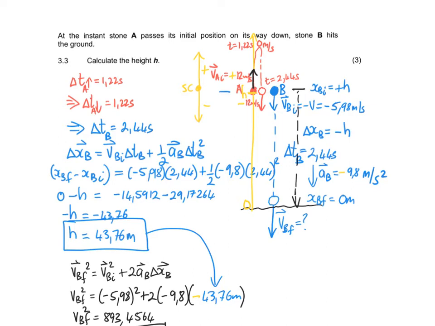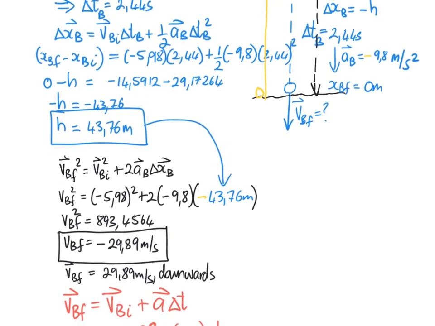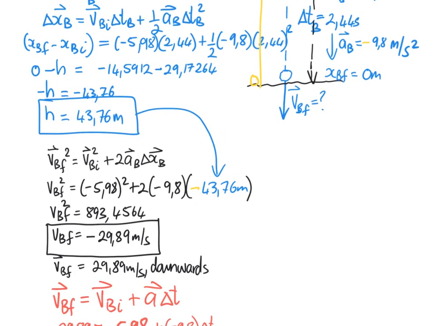Now, according to what we were asked, we've answered the question. But I'd like to go a little bit further for our graphs of motion and work out what would be the final velocity of ball B just before it hit the ground. So using vb final squared equals vb initial squared plus 2 ab delta xb.